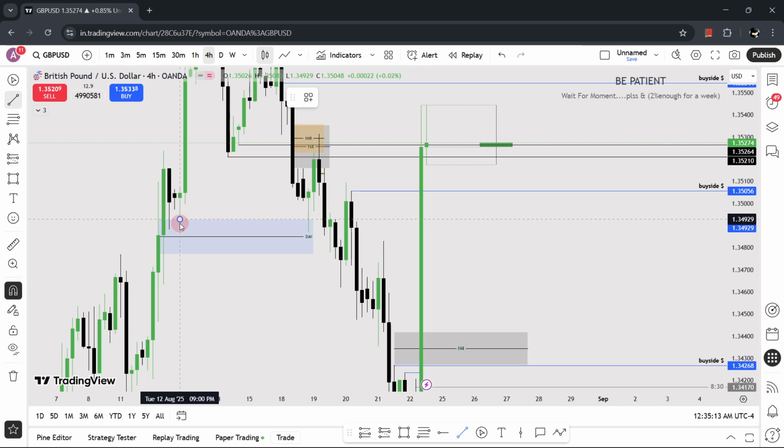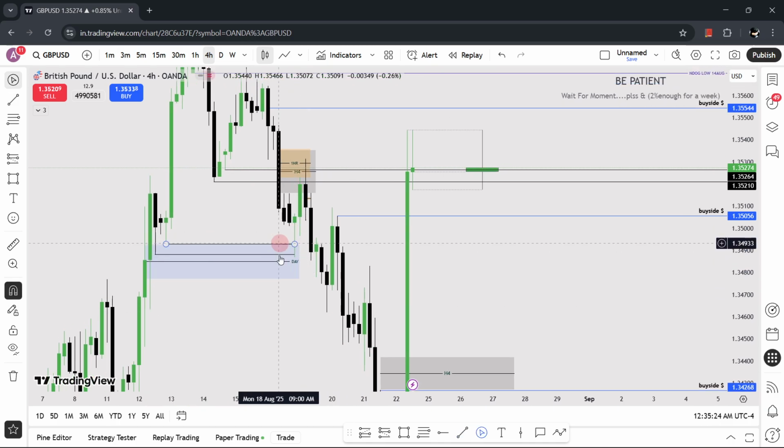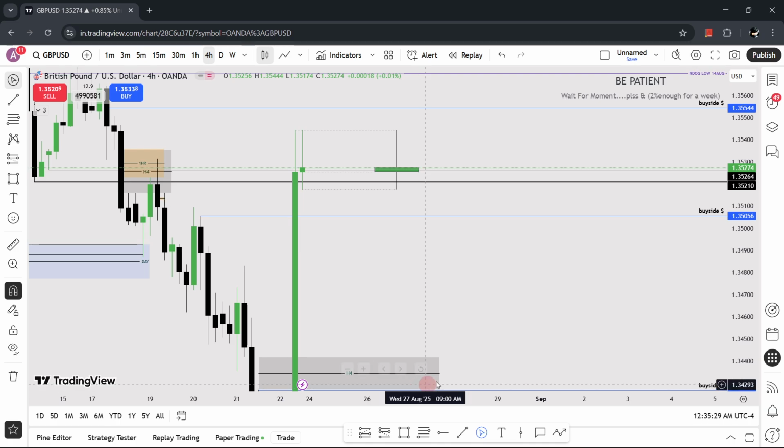The sell side was taken and came to this daily parallel gap and went to this. You can see that, right?